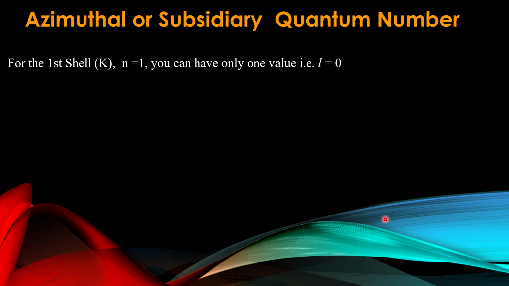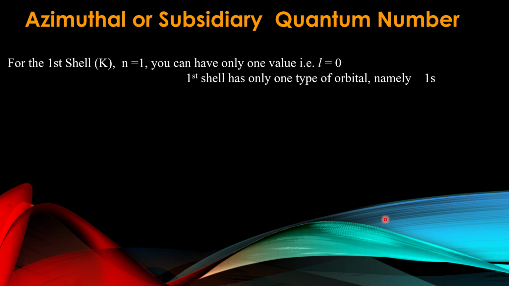So when n equals 1, we get only one value of l, that is 0. And for l equals 0, the type of orbital is the s orbital. So in the first shell, there is only one orbital, namely 1s.